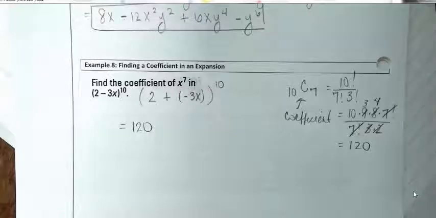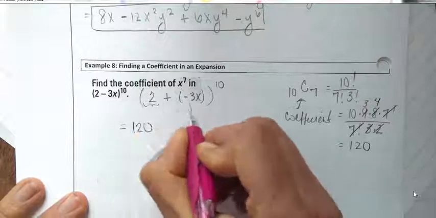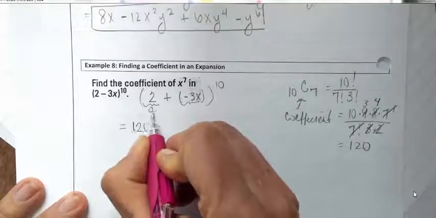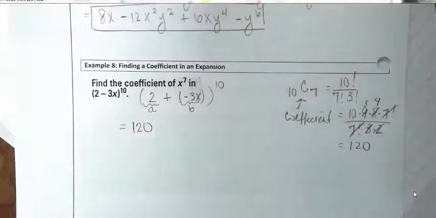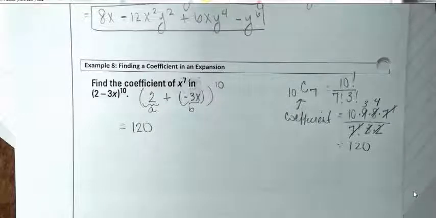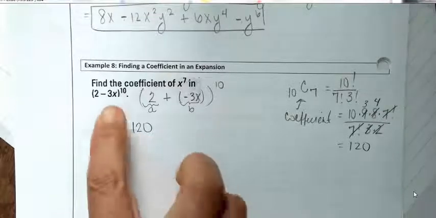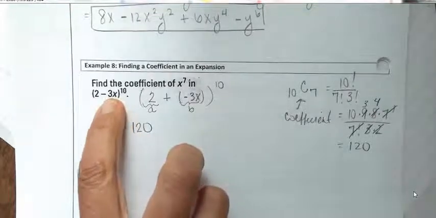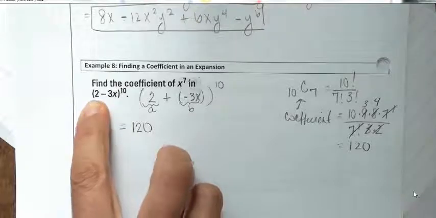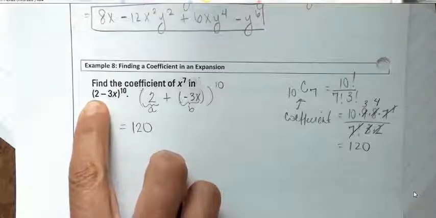Now we're 7 in. So originally, here's your first term, and here's your second term. Right, so this will be your A, this will be your B. Okay, so we're 7 in here, x to the 7th, right? So we need this to have a 7th power, which means that this is going to have a power of 3, right?